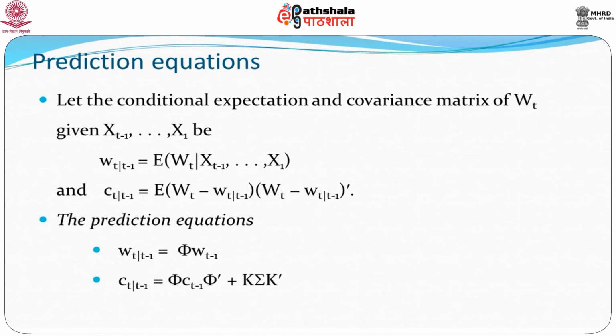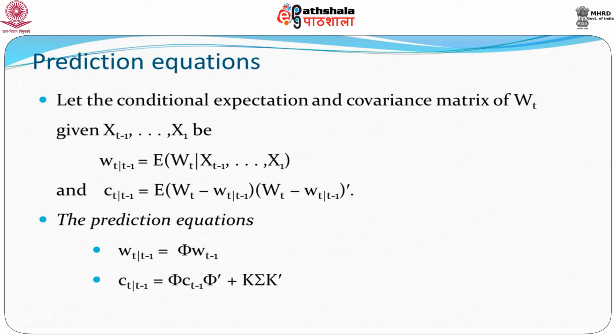So, we get the first relationship of the prediction equations. And similarly, C_{t|t-1} given the past would be phi C_{t-1} phi prime plus K sigma K prime. How do you get this? Again, W_t is equal to phi W_{t-1} plus the error, and we know W_{t-1}, we know C_{t-1}, which would be the variance, and therefore it becomes phi into the dispersion of W_{t-1} phi prime, and since the error is uncorrelated, its variance also comes out as K sigma K prime.